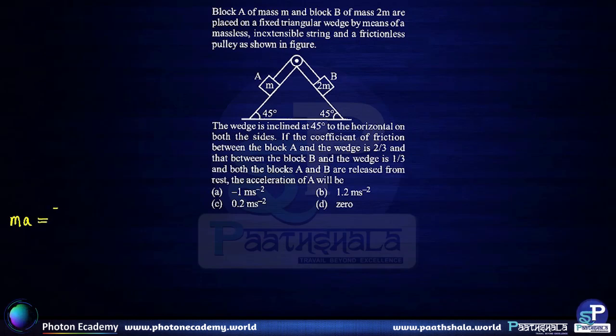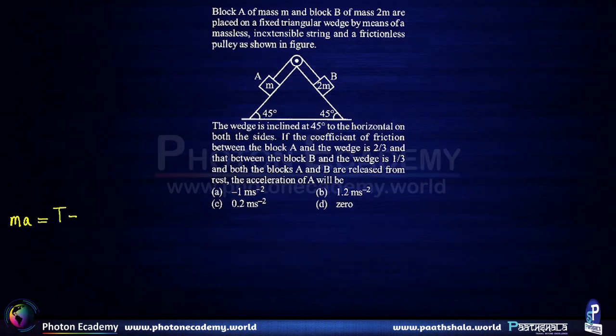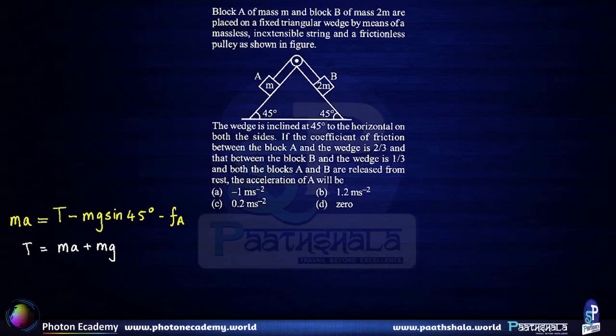This is equal to tension in the string minus the component of gravity that is acting downhill, minus the friction acting on block A. This gives us tension equal to ma plus mg/√2 plus Fa. Now it's clear that tension can never be less than 0, even mathematically, in this case, and therefore we don't have to keep an eye out for such an erroneous solution.